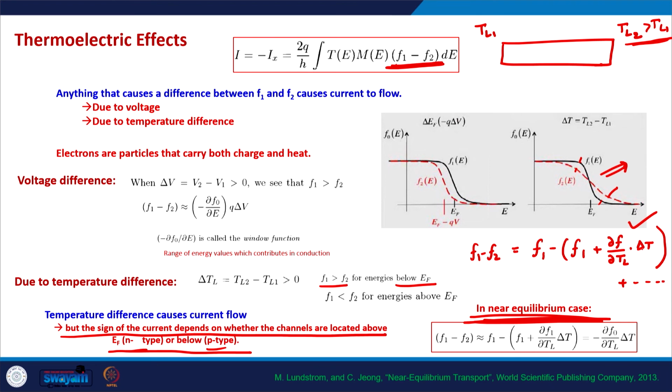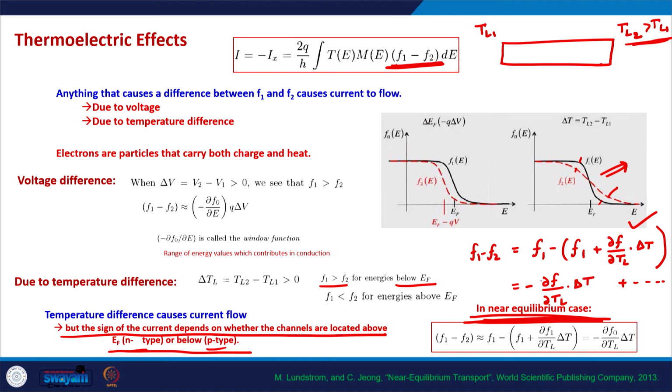Higher order terms will have delta T square, delta T cube, so those can be ignored if delta T is a small number. So, with this it can be written as minus del F by del TL, where del F is assumed to be del F1, because we are expanding F2 around F1.